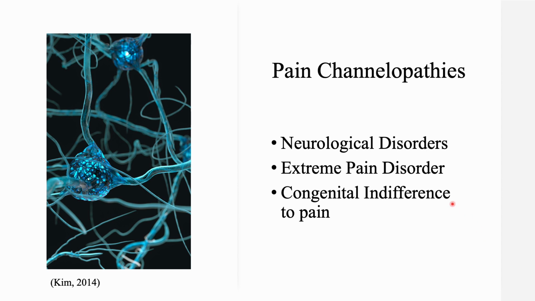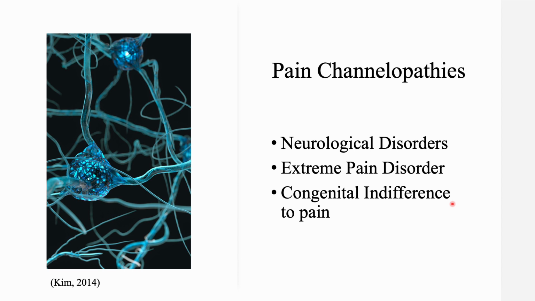Now, the opposite can also occur. They can experience a loss of function mutation, which leads to a congenital indifference to pain. There are non-functional units in the sodium channels, so they are not able to open properly.